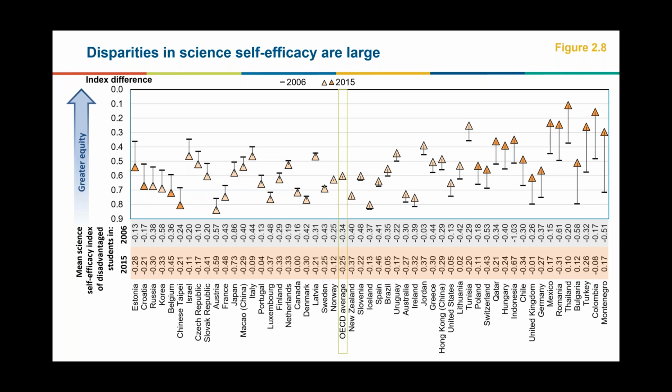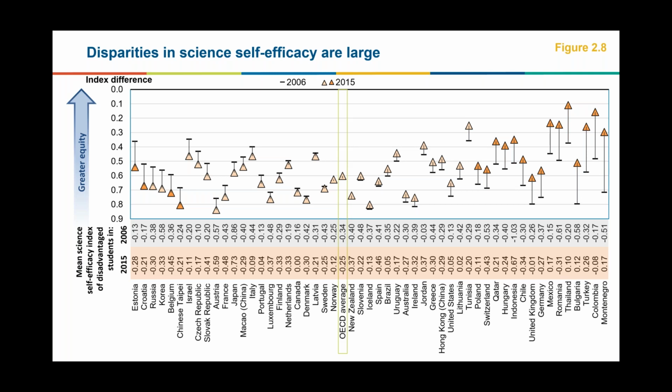Now, what's encouraging is that on the right side, you see a number of countries where this actually improved between 2006 and 2015. Basically, the gap, the index difference between socioeconomically advantaged and disadvantaged groups of students in terms of their self-efficacy has shrunk in some countries quite significantly, telling us that those things are, again, not written in stone, that students' beliefs are also something that can evolve over time, and the relationship with social background can evolve over time.